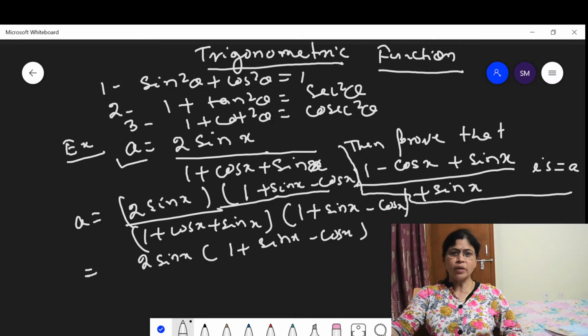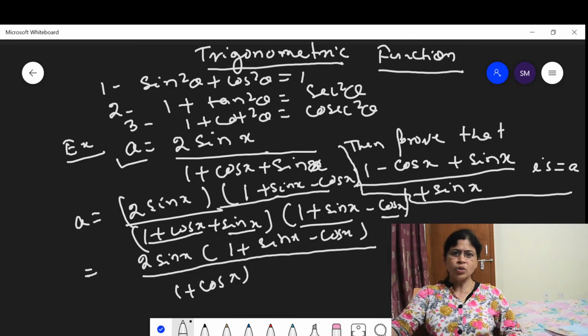Look at the denominator. This is a plus b into a minus b, which is equal to a square minus b square. Then this is 1 plus cos x whole square minus sin square x.